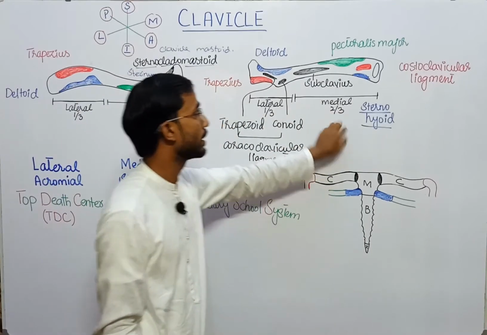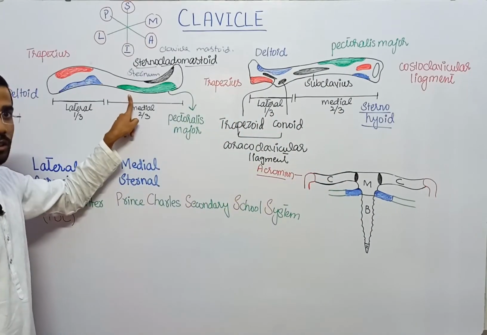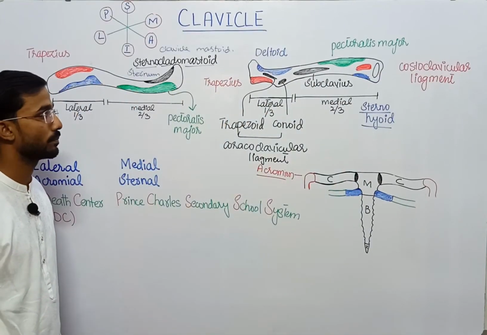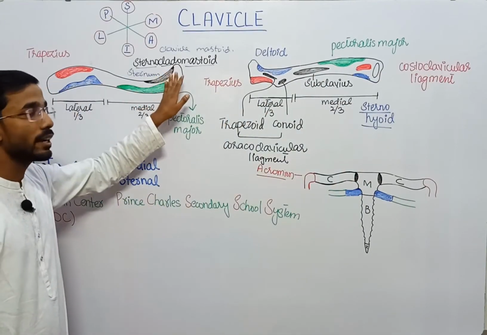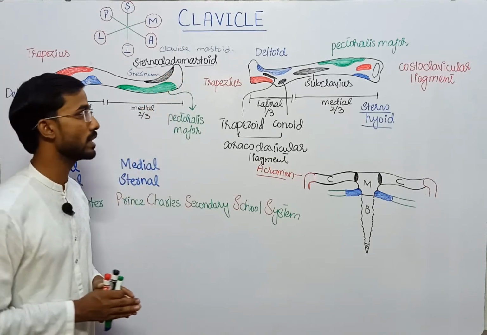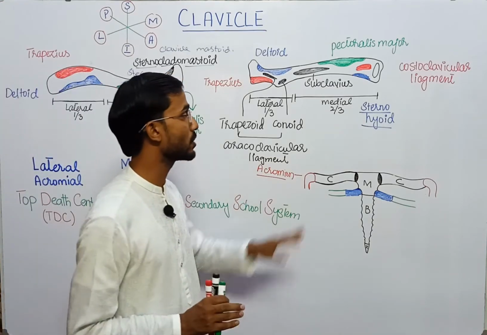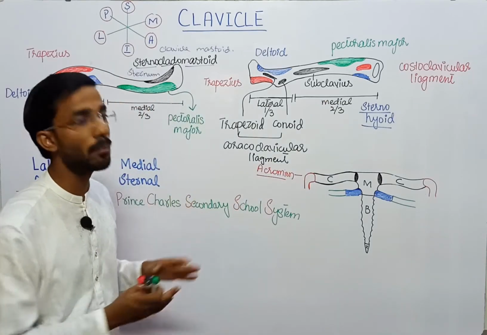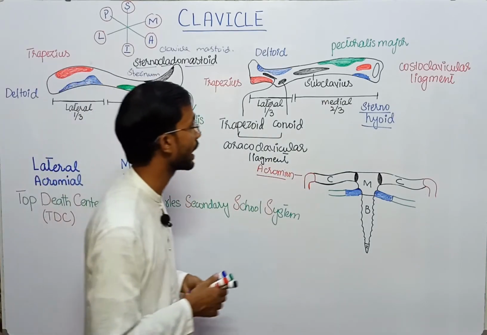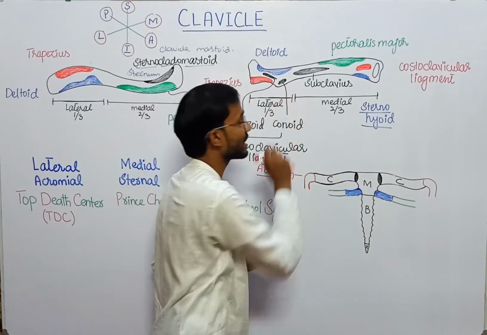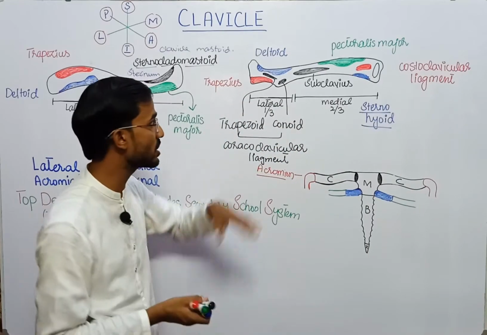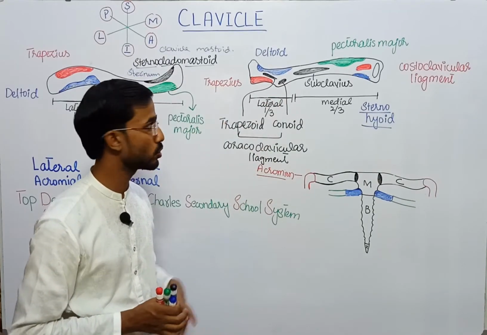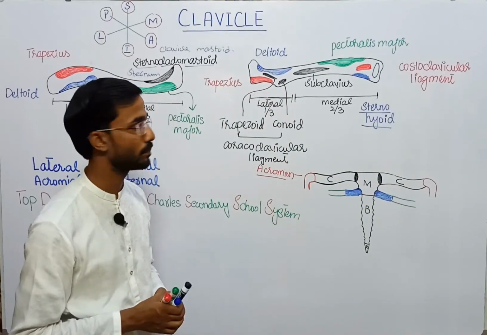And the medial side. This is the pectoralis muscle. Opposite will be the pectoralis major. The sternocleidomastoid muscle has no impression on the inferior side, but other muscles are present at the inferior side. What muscles? The subclavius muscle. This is a muscle which is just below the clavicle, so we call it the subclavius muscle.